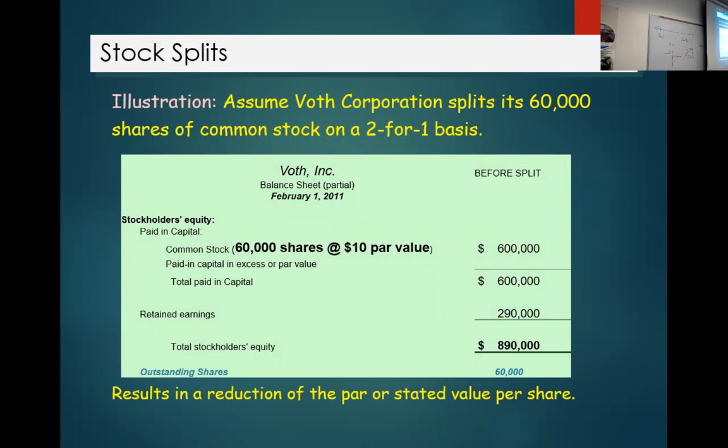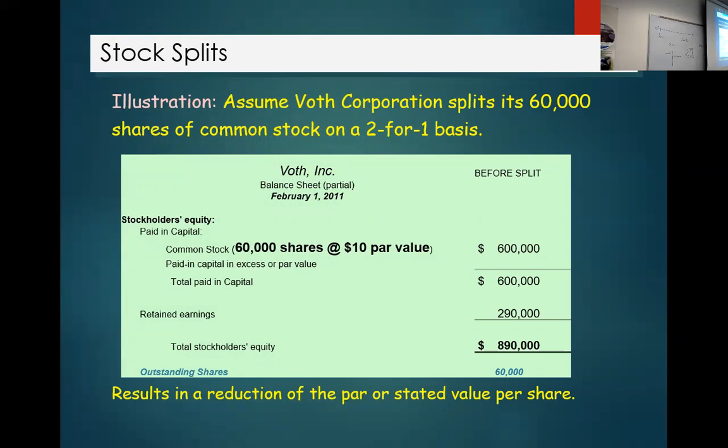Okay. So here it is, the before picture. At the top of your page here, we had 60,000 shares of $10 par value common stock. I didn't even put preferred in here just to make the problem more straightforward. We have retained earnings of 290,000, and my example is so simple that I left off additional paid-in capital.